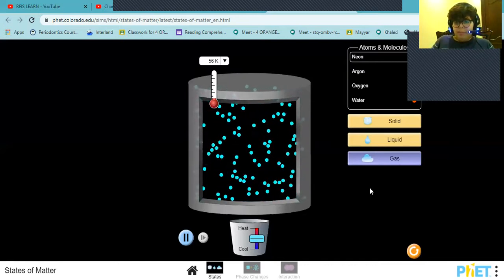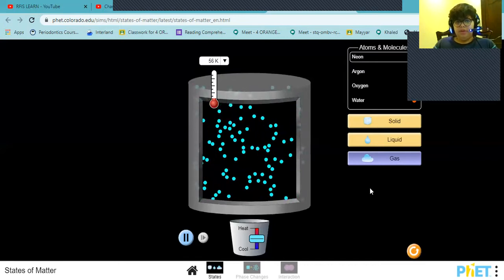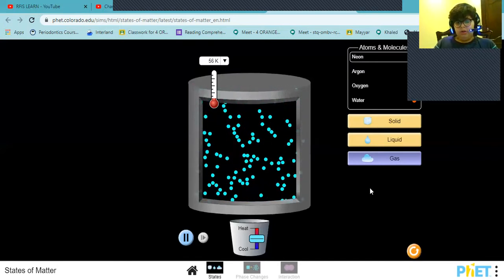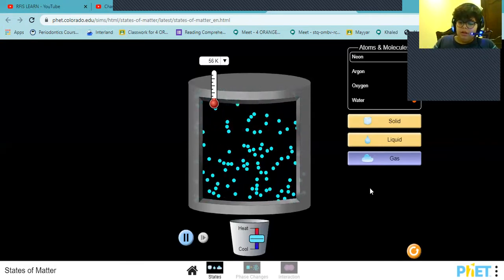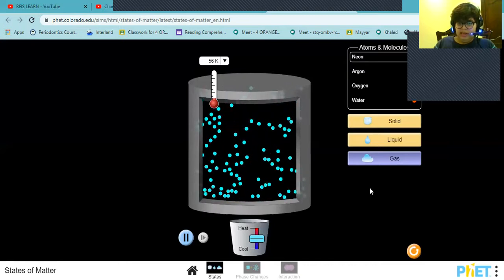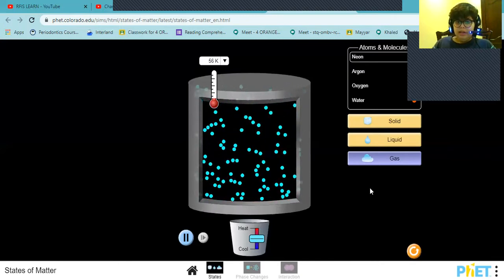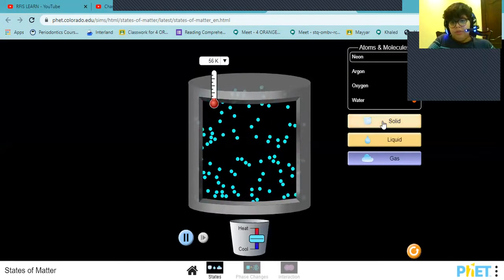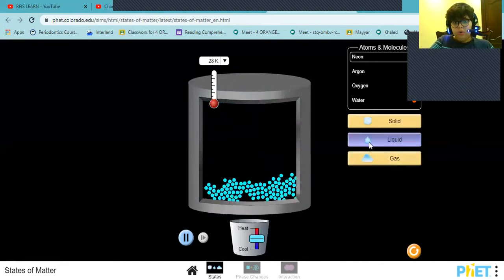Vapor is a material that is in the gas state, but at room temperature is a solid or a liquid. For example, water is a liquid at room temperature, and glass is a solid at room temperature.